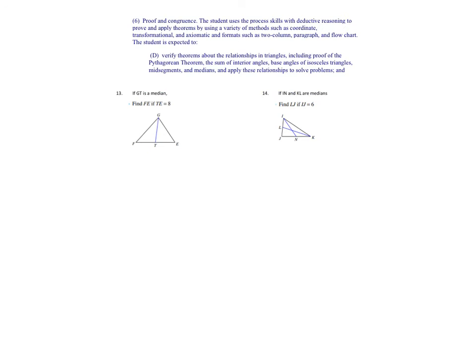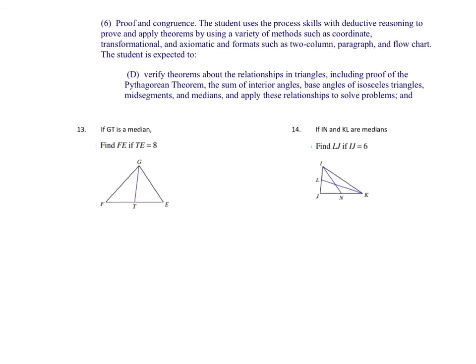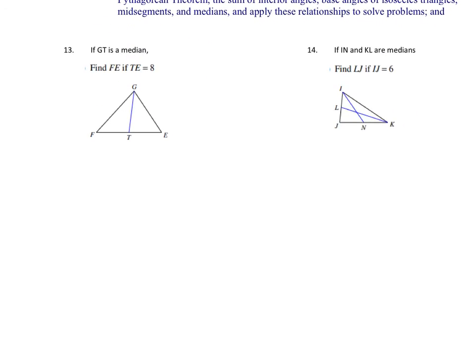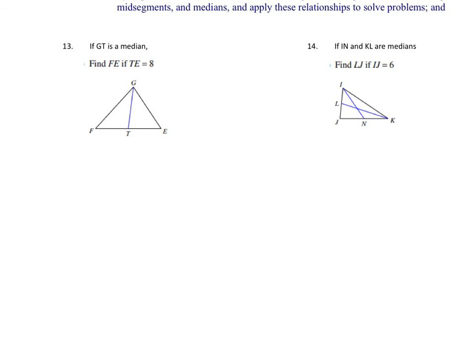Okay, next page. The "teak." If GT is the median, that means these are equal. Find FE if TE is 8.